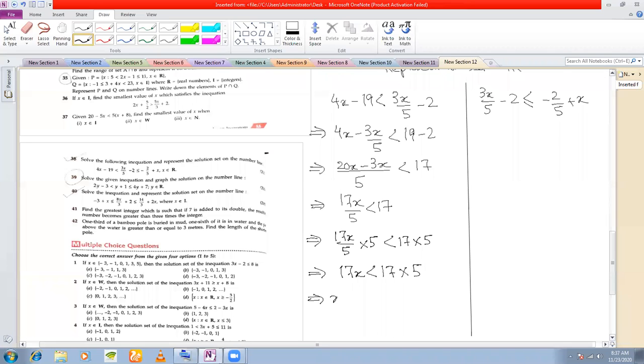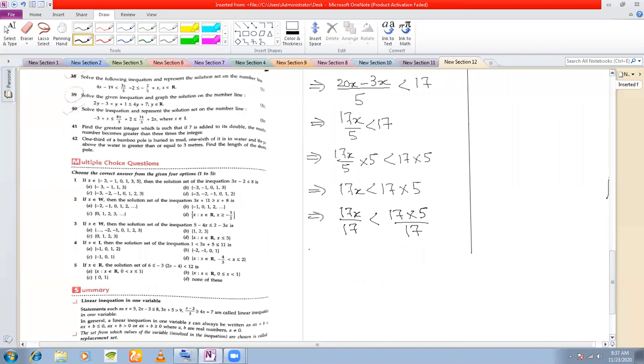So that means what is x? You need to divide both sides by 17. So you are dividing both sides by a positive number. You don't need to reverse the sign of the inequality. So that means that x is less than, here 17 cancels, you get x less than 5.